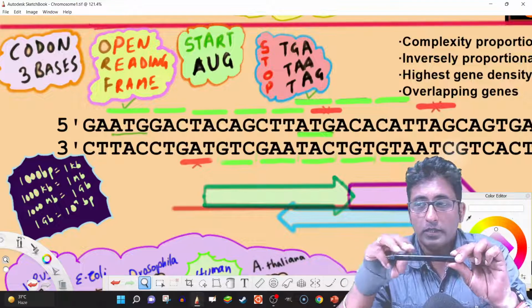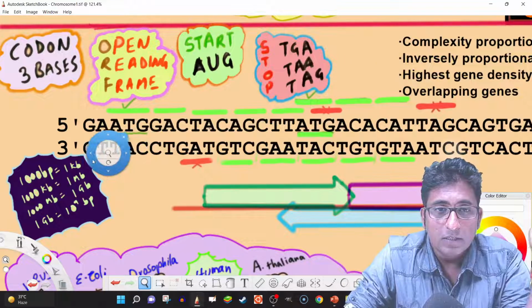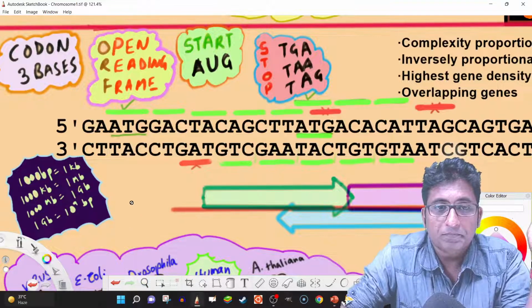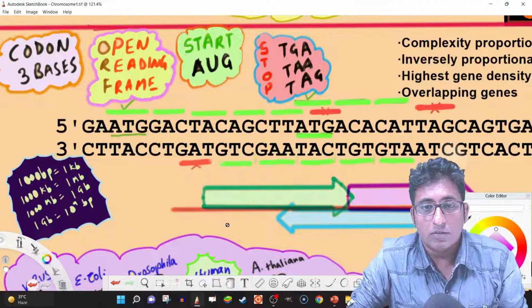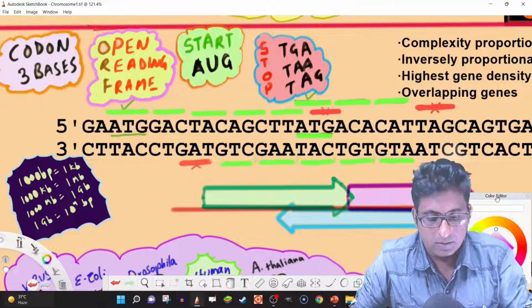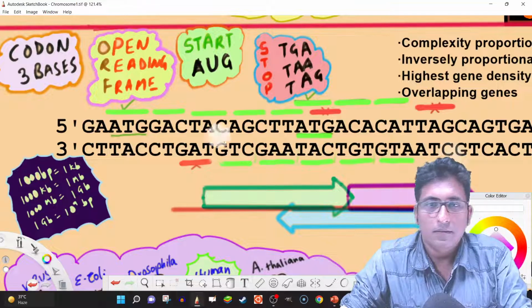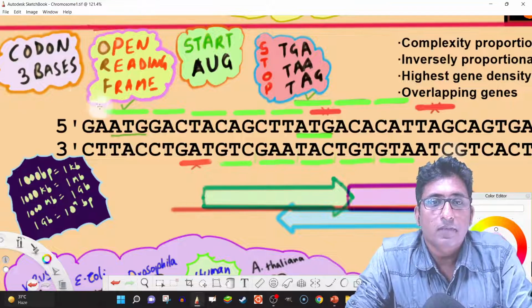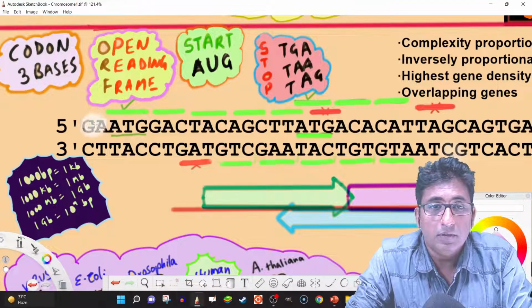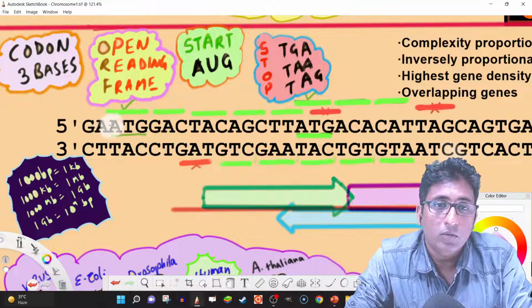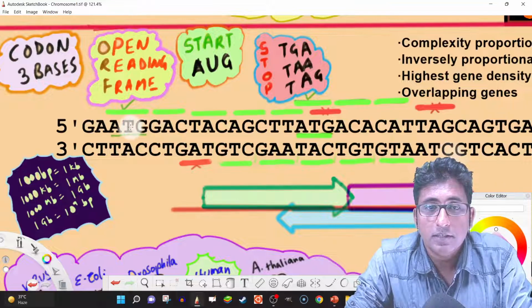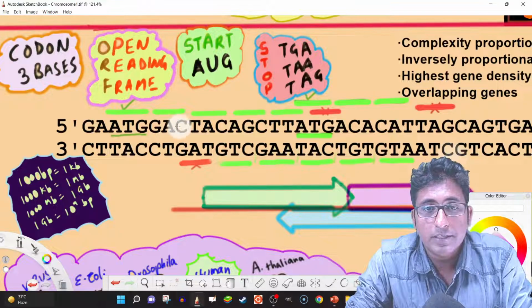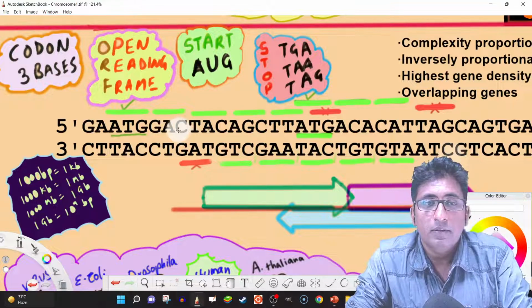A codon is a set of 3 continuous bases. If you are counting these 3 bases, TGG, that would be a codon, and ACT would be a codon.